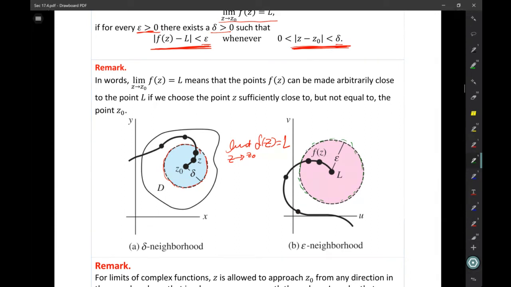For this epsilon neighborhood around L, I should find a delta neighborhood. Here delta will depend on epsilon. I should find a delta neighborhood around z naught, such that for any number z in this delta neighborhood, its image f of z is in this epsilon neighborhood.